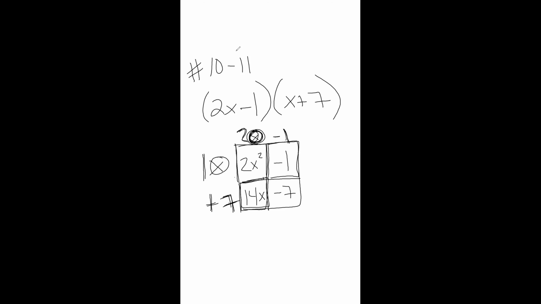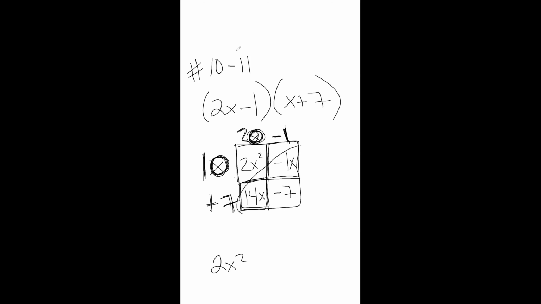Oops, I forgot my x. So let's go back here. I did 1 times -1, and it had this x here, so this gets an x. Okay, and that's important because 2x squared was the only x squared in that box, so it's going to stay the same.